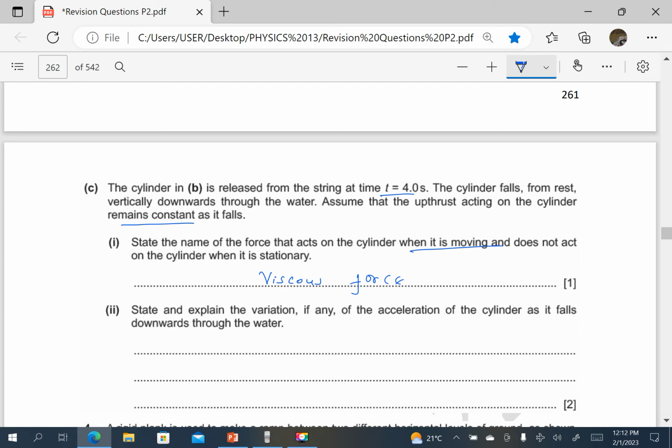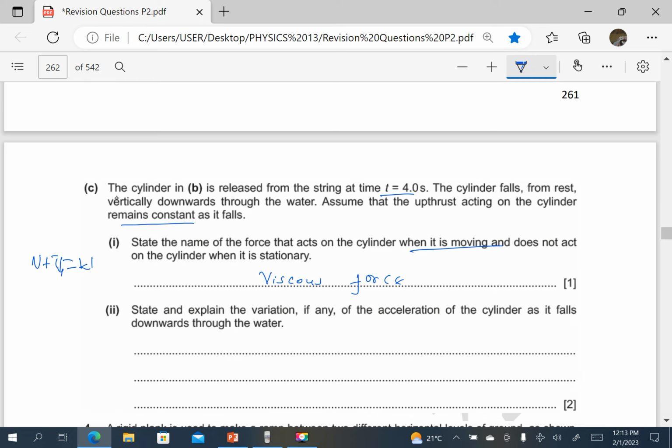State and explain the variation, if any, of the acceleration of the cylinder as it falls down through the water. The upthrust is constant and is upwards. Of course, the tension is also upwards, but the weight is downwards.